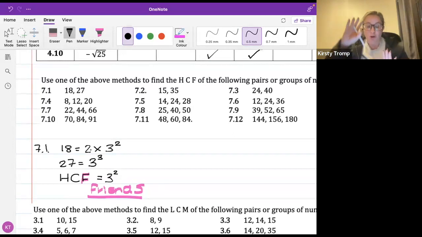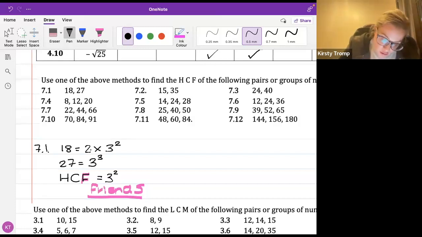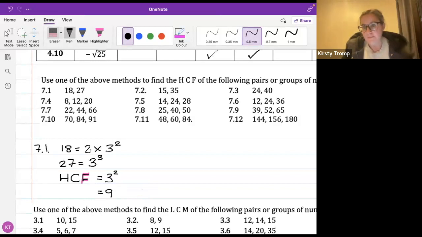Because 3 to the 2 can go into 18 and it can also go into 27. 3 to the 2 is the same thing as saying 9.